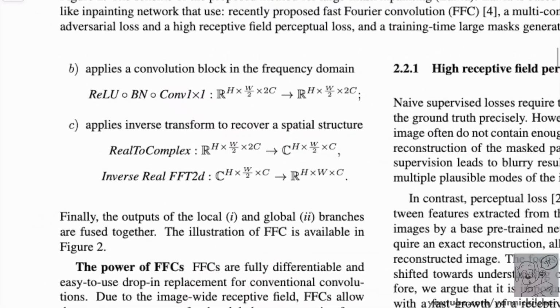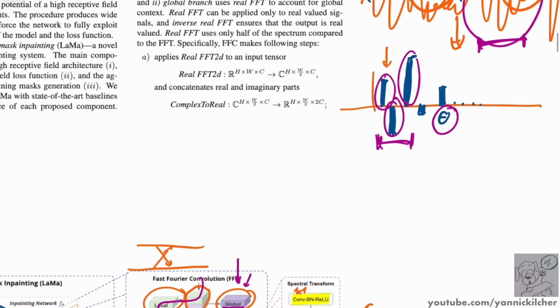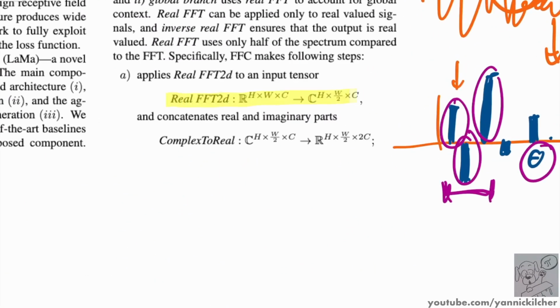So here, that's done. Sorry, go back up here to start it. There is first a real FFT, as you can see, that gets you to complex space. Then there is complex to real, in which we transform the C channels into 2C channels, but now we're in the real numbers.